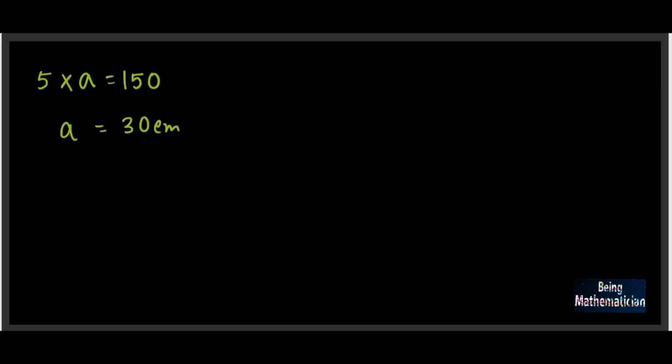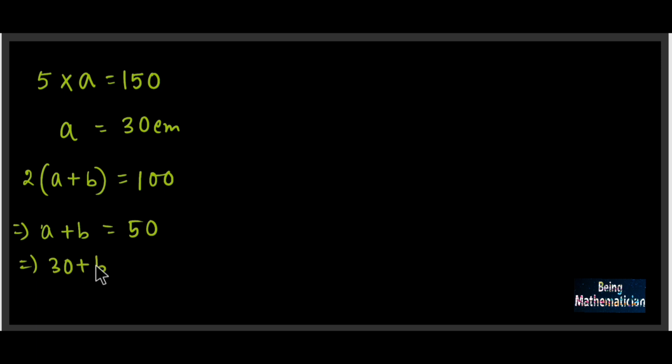Now the perimeter of the parallelogram is 100, so we can write 2 into (A plus B) equal to 100. Now putting the value of A here, it is 50, so 30 plus B equal to 50. Therefore B must be 20 centimeter.